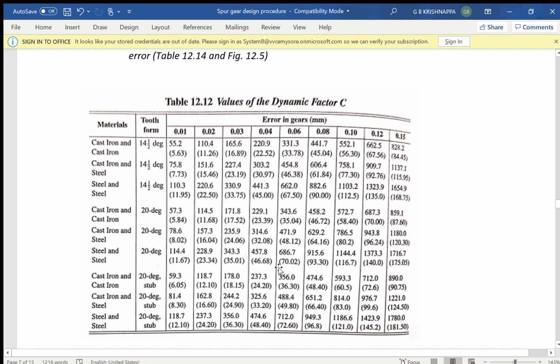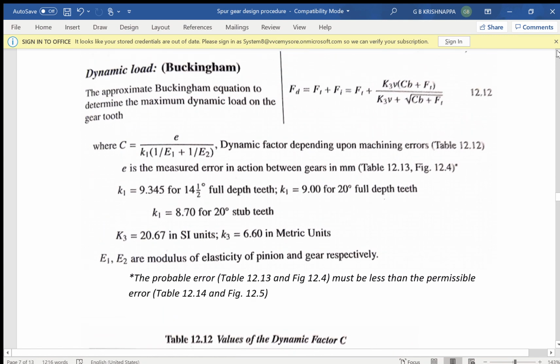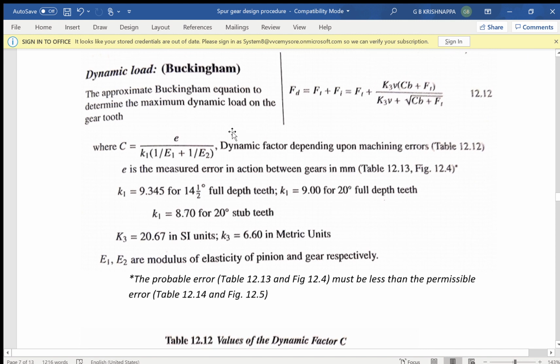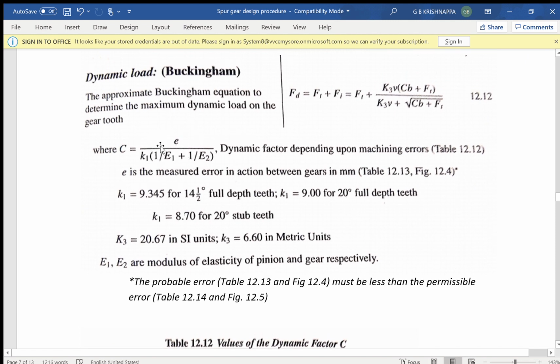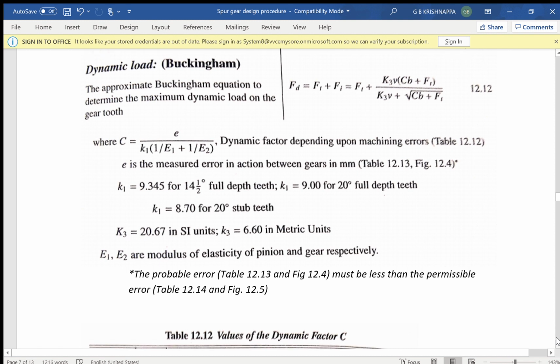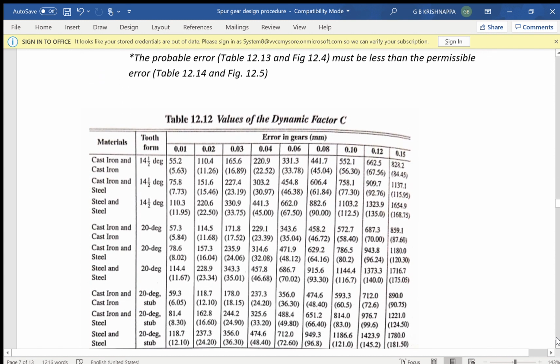Or in this way also it can be found out: 471.9 into 0.05 divided by 0.06 gives us the value. Or else, by using the equation which was mentioned, if you know E1 and E2 values, you can easily calculate it. So you can directly obtain this C value by using this equation. Whichever you feel comfortable with, you can make use of that.